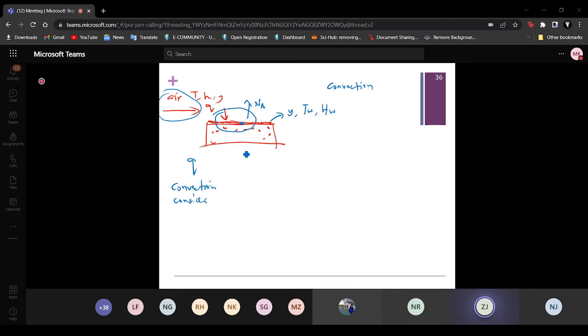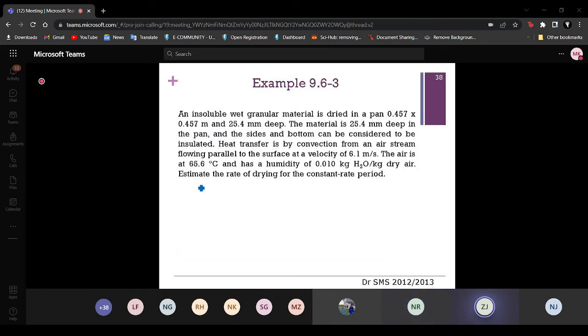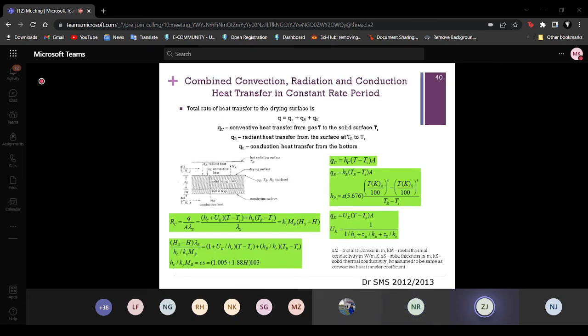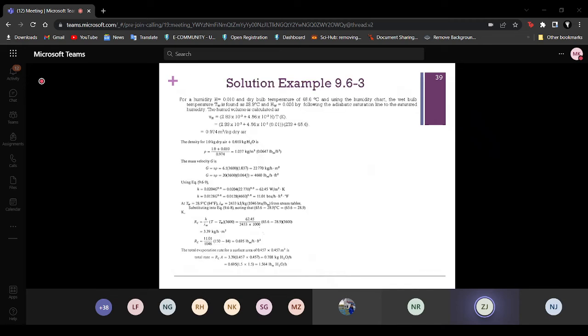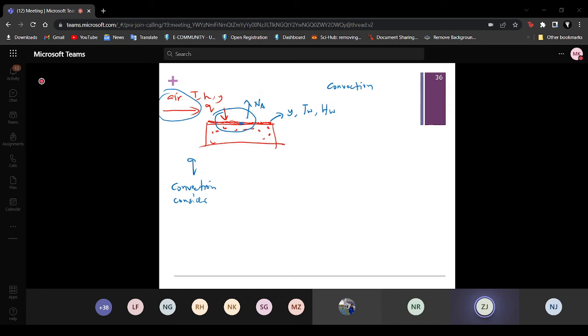Later on, once you understand convection, you need to add on the others, radiation and conduction, in heat transfer. You can establish another equation for that. So that one is later. So now we focus on convection first. Okay, small piece first so that you understand.